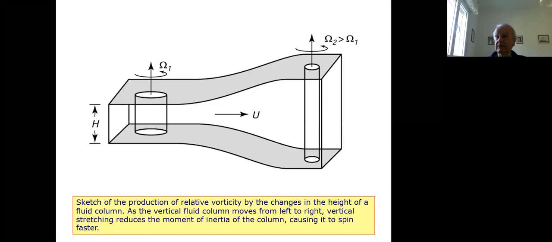One of the external forces which changes the water column height is the heterogeneity of the wind field, the spatial variability of the wind field.